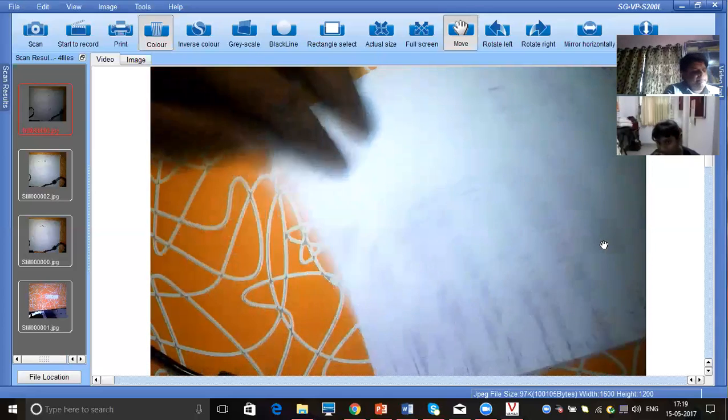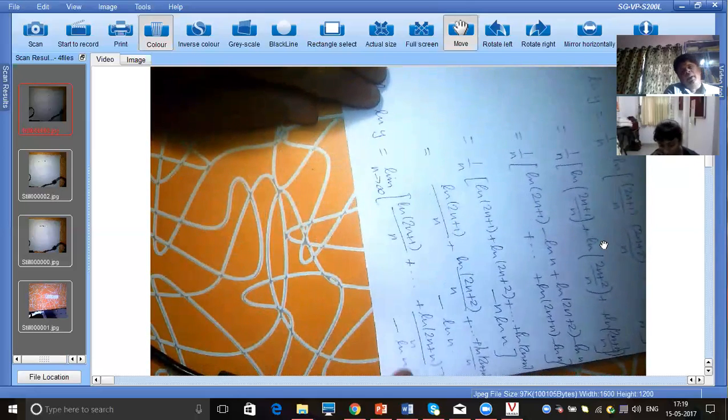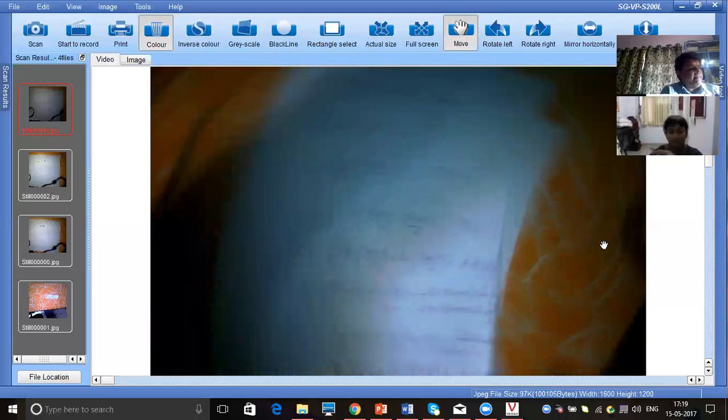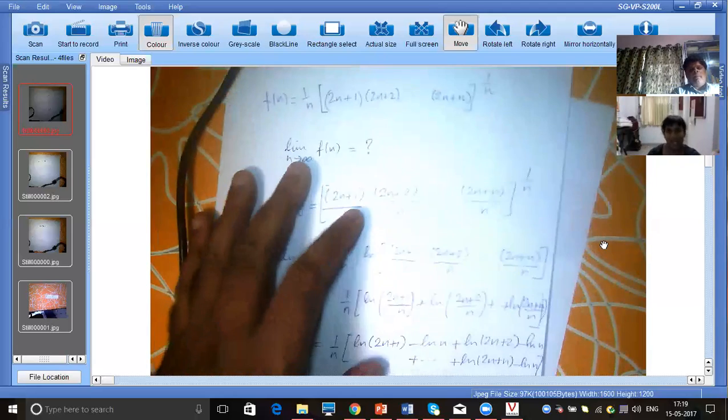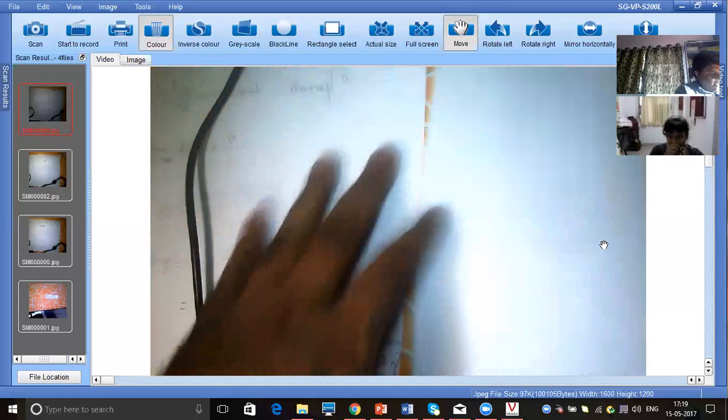Do I have this right? Yes. And then you apply L'Hopital's rule for all the terms except that minus log n. Okay, can we do that?